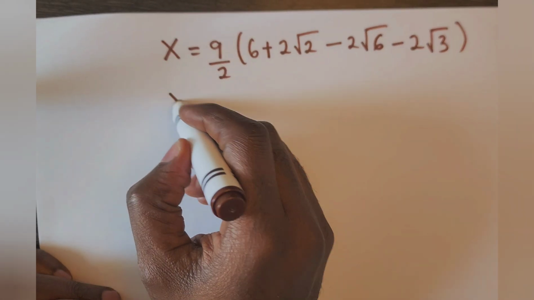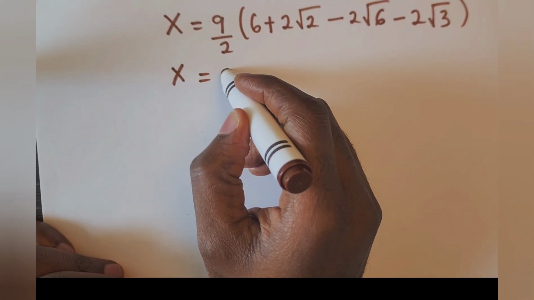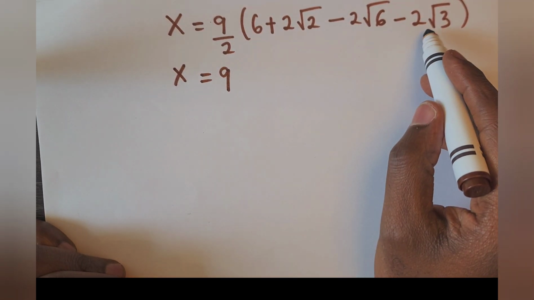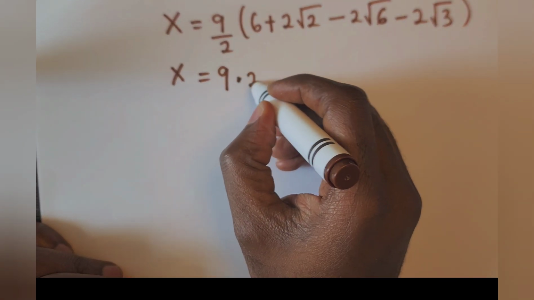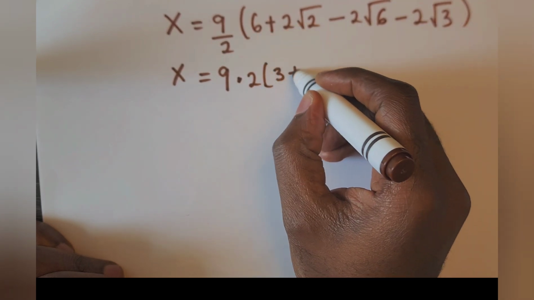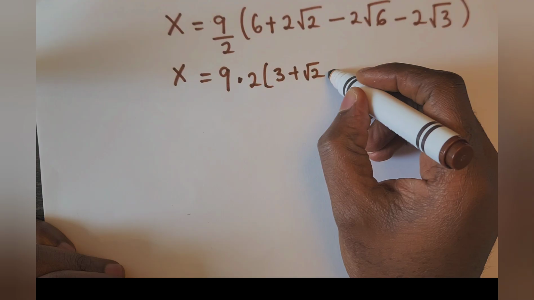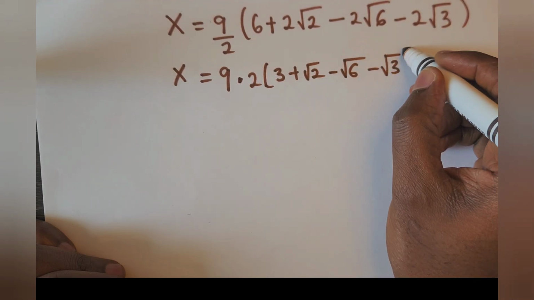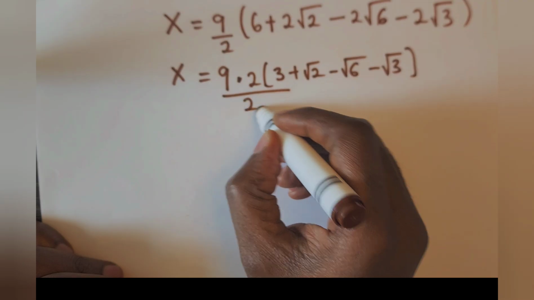So from here, we have x to be equals to 9. If you look at this, 2 is common throughout, so we can factor out 2. And in the parentheses, here we're going to be left with 3 plus root 2 minus root 6 minus root 3 divided by 2.